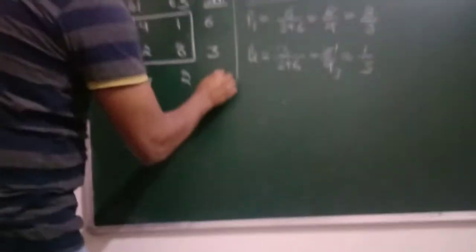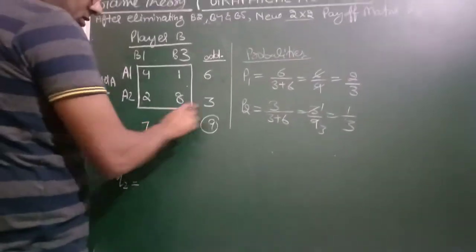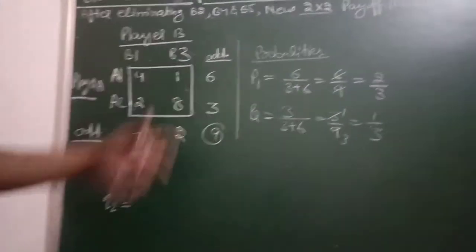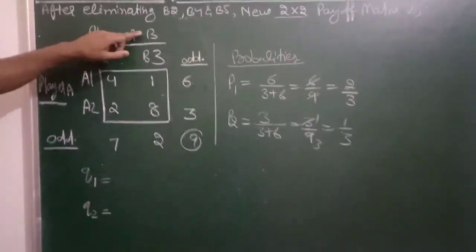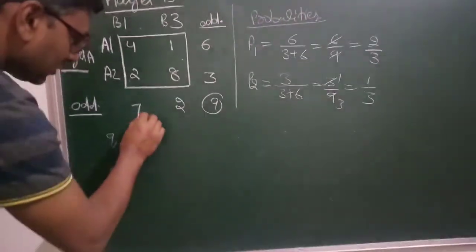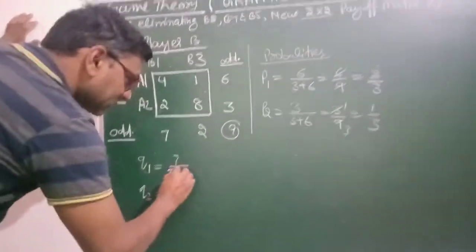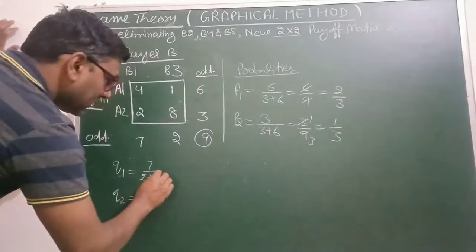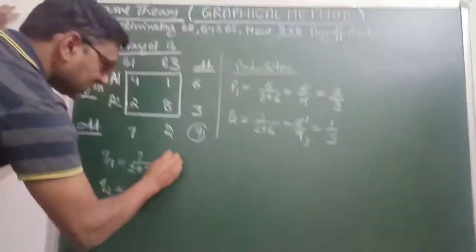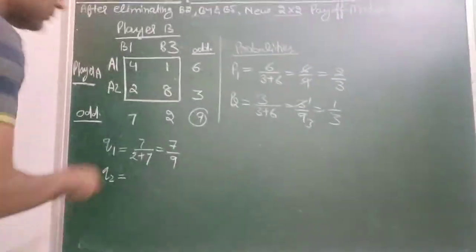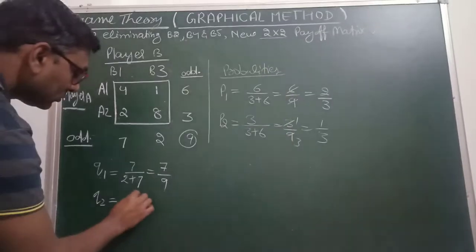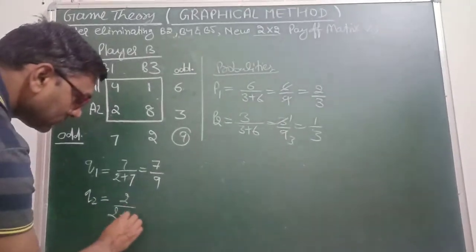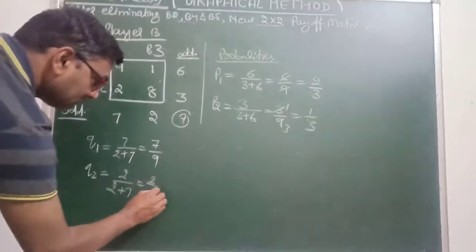Also this is 9. Check: the sum of these two is 9, and these two is 9, so our oddments are correct. Similarly, the probability of playing strategy B1 by B is oddment upon sum of oddments, 7 upon 2 plus 7, that is 7 by 9, and the probability of playing strategy B3 by player B is 2 upon the sum of oddments, 2 plus 7, that is 2 by 9.